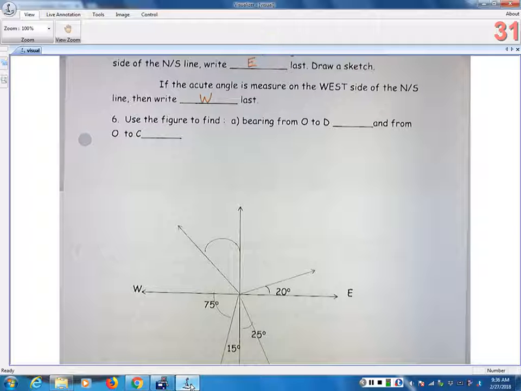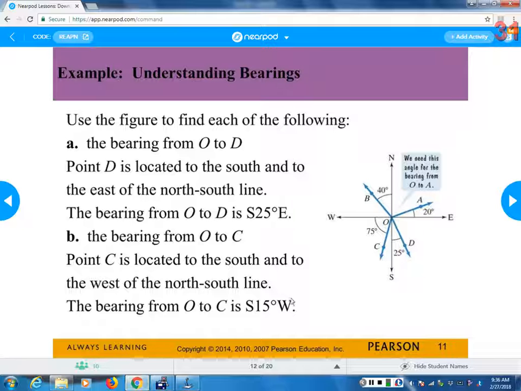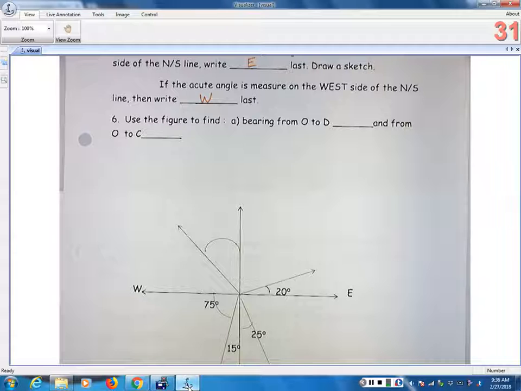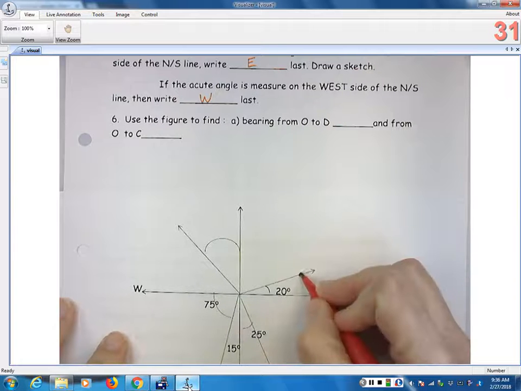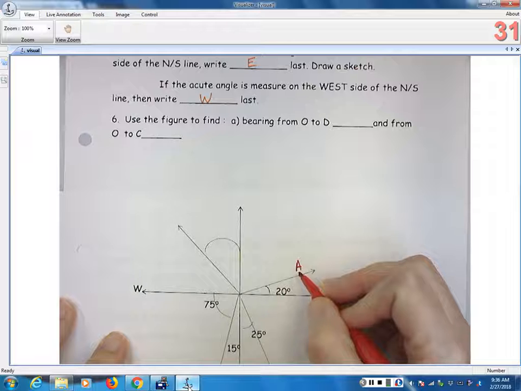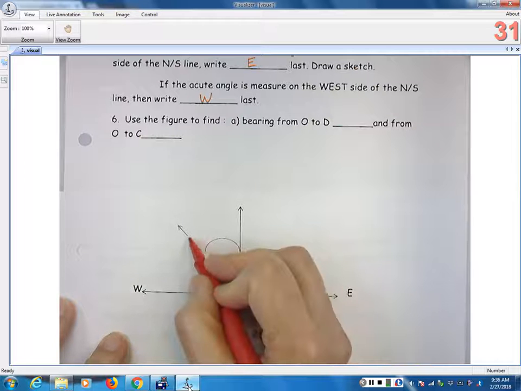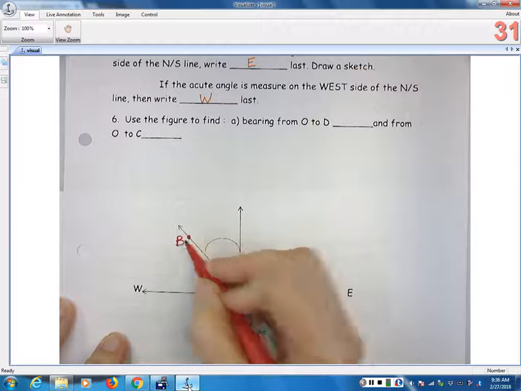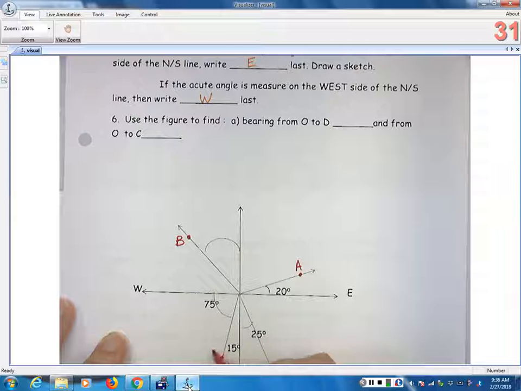Let's bring up the picture on the slideshow. There it is. I have to label the letters on it. On your notes, it doesn't have the letters. This is A. This is B. This is C, and this is D.